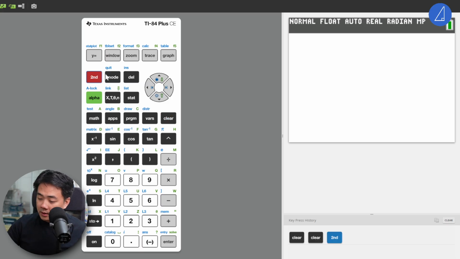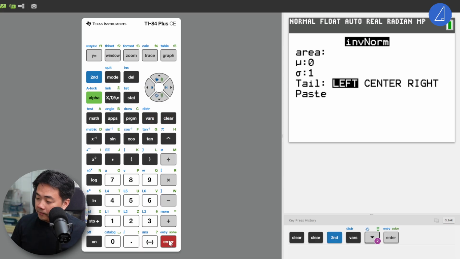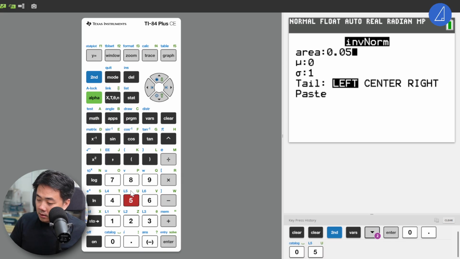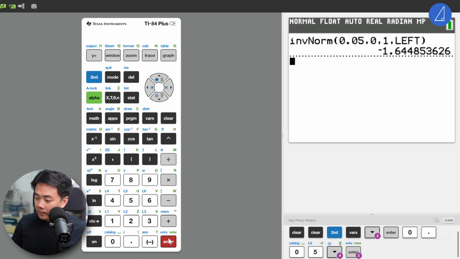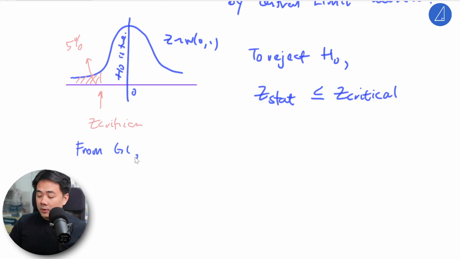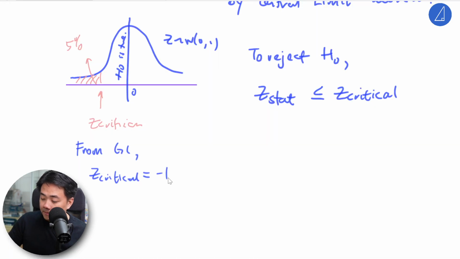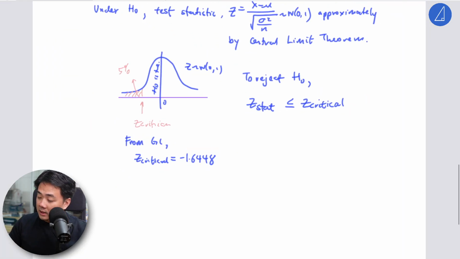So here what you do is second distribution, inverse norm. So 0.05. Press left. Okay, you get this. From GC we know that z crit will be negative 1.6448. So we just do that. Z stat, on the other hand, we just need to standardize the x bar.